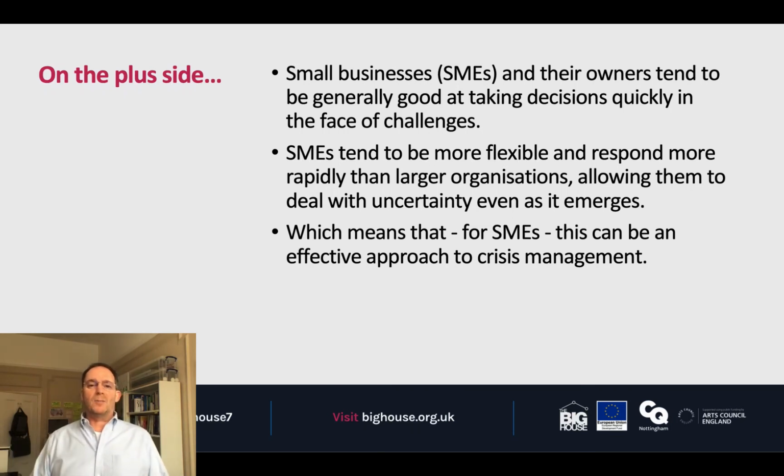Because we're more flexible and we respond more rapidly than larger organizations. So it allows us to deal with uncertainty even as it emerges. So using this sort of approach rather than a long-term business continuity plan can be an effective approach to crisis management, which we've got to deal with.